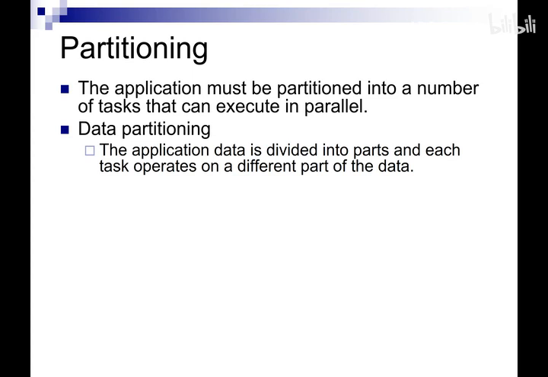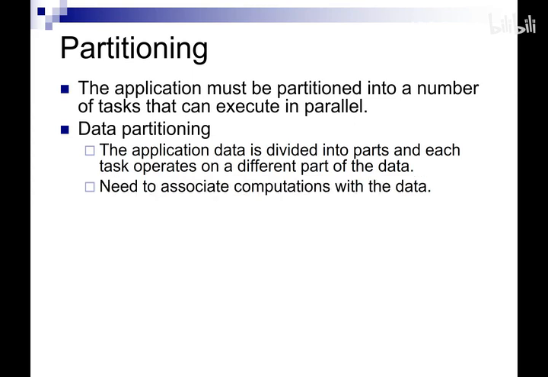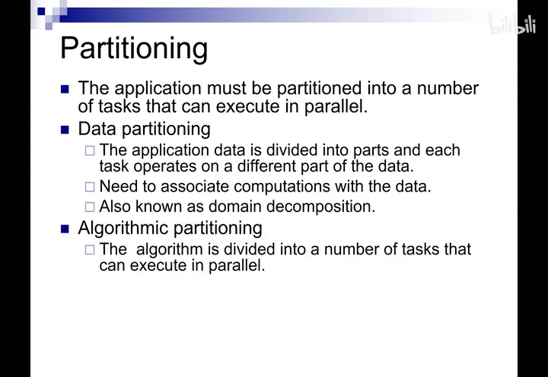Here, we take the data that the application processes and divide it into parts. Then we have tasks that operate on different parts of this data. Once we break up the data into parts, we need to associate the computations with the data. This is also sometimes called domain decomposition, because the domain is the data that we're working with, and we're decomposing that.